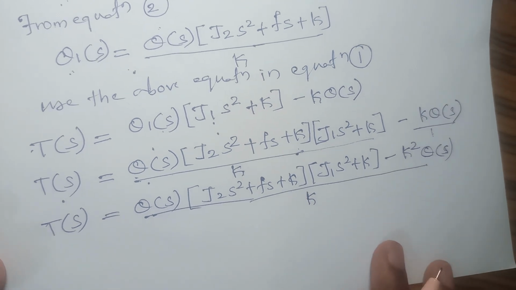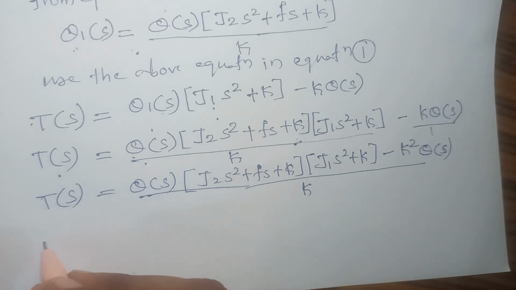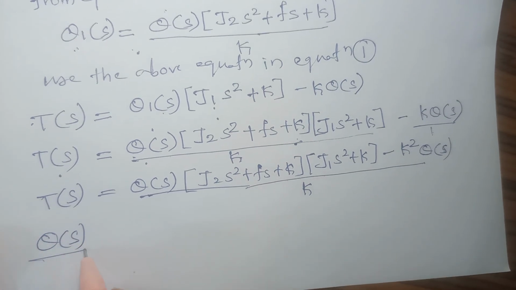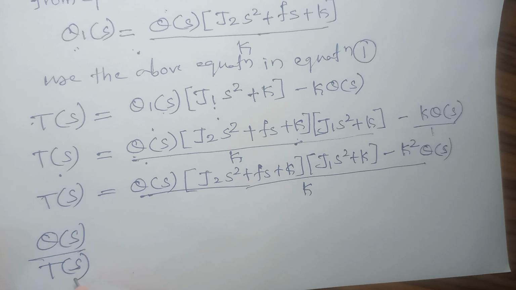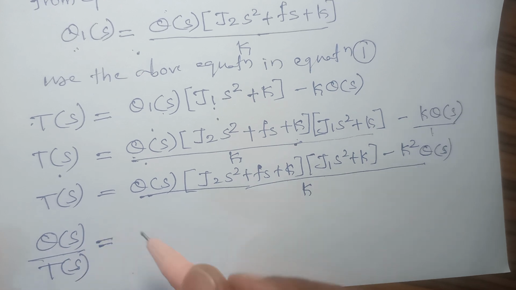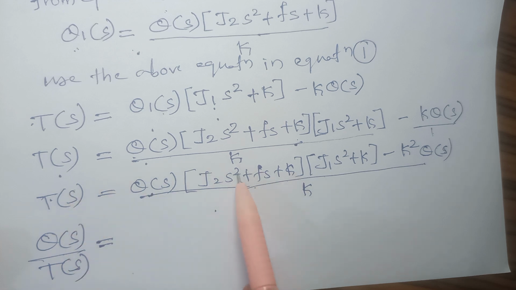Now what we have to write? We have to get the value for theta of s by t of s. So here theta of s by t of s is equal to, we will put this t of s here and we'll reciprocate this.